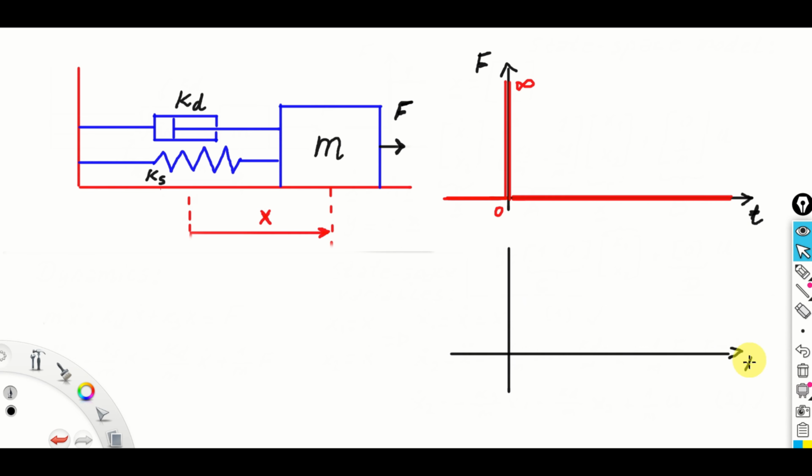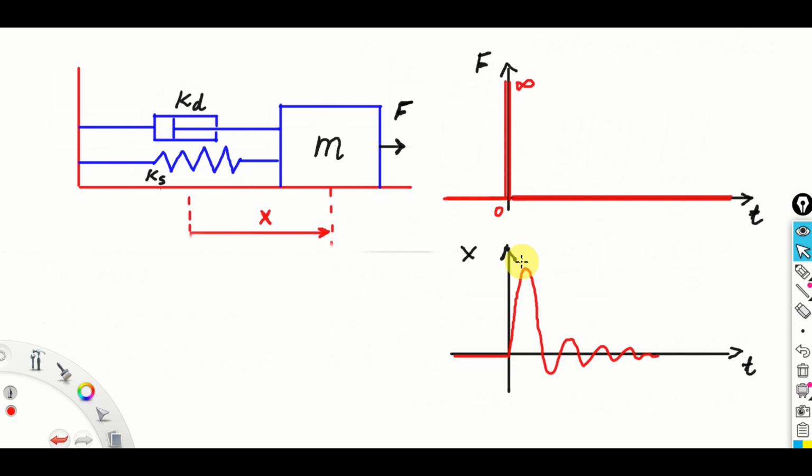However, if the system is damped very well, x over time will most likely look like this. It's going to be 0 initially, and then at the moment you put an impulse, you'll see that x is actually doing this. And then it might oscillate, and if the system is stable, it's going to settle to 0.